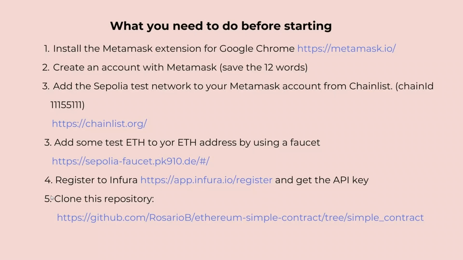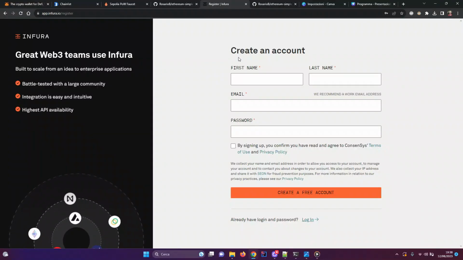We need to interact with the Sepolia test network, so we need the API key for the Sepolia test network. And this is the Infura web page. As we said before, you need to create an account and get this API key to allow our application to interact with the Sepolia test network.